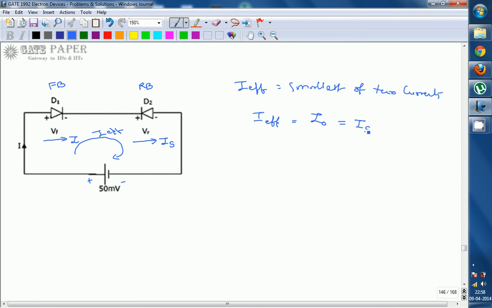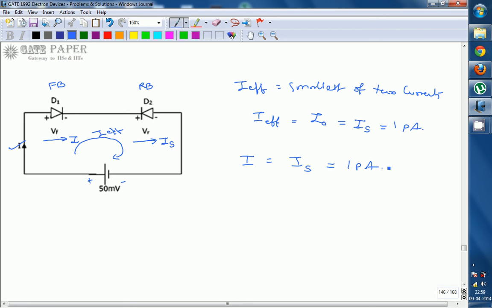I naught or Is are both used to represent the reverse saturation current, which is 1 picoampere. So the direction indicated for I is this, and I is equal to Is, which is 1 picoampere.